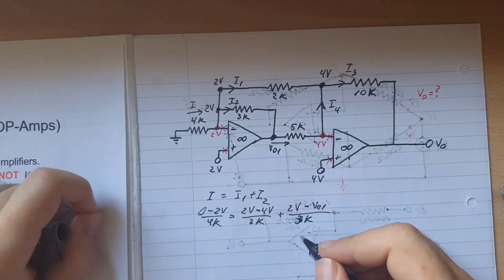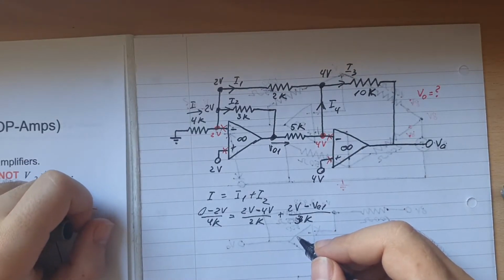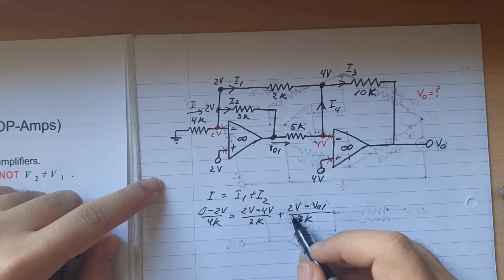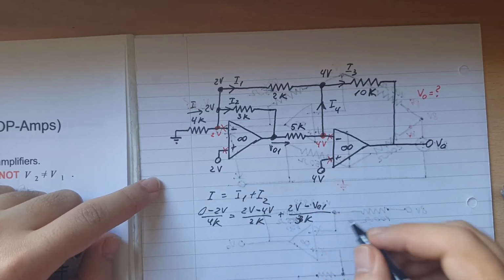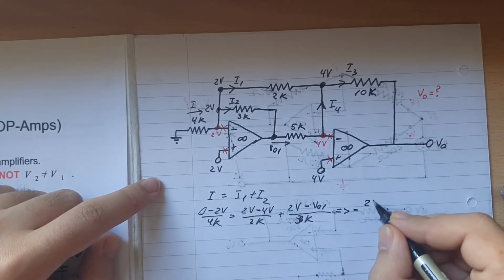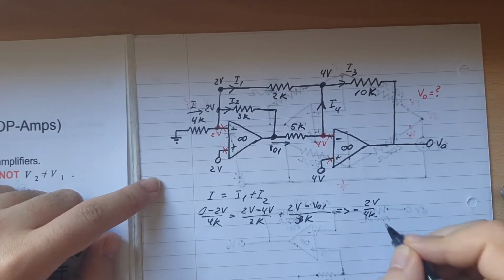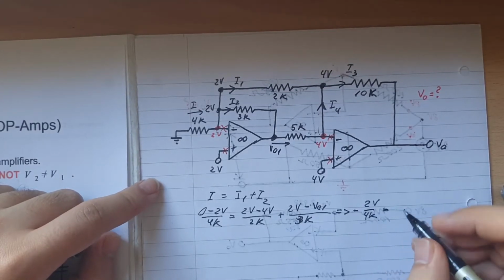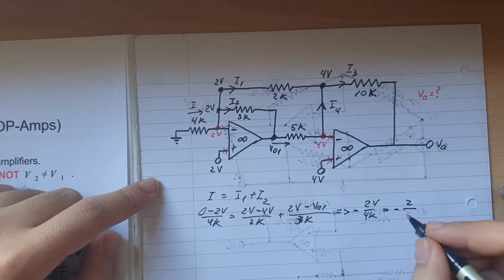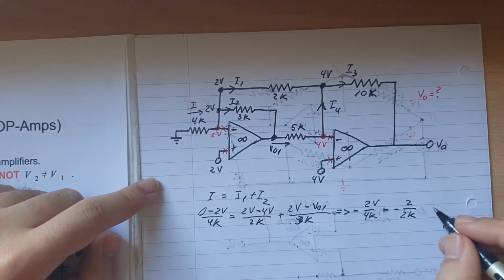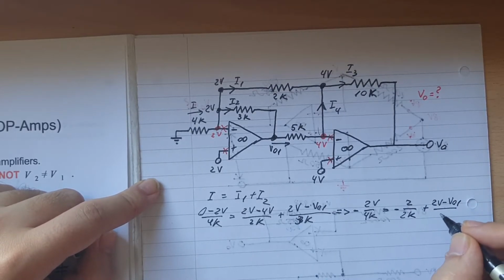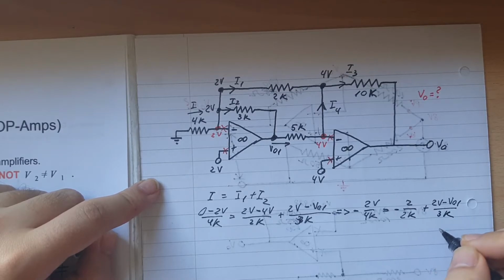What we can do is rewrite it and replace the voltages, so that therefore minus 2V over 4k is equal with minus 2 over 2k plus 2V minus VO1 over 3k.